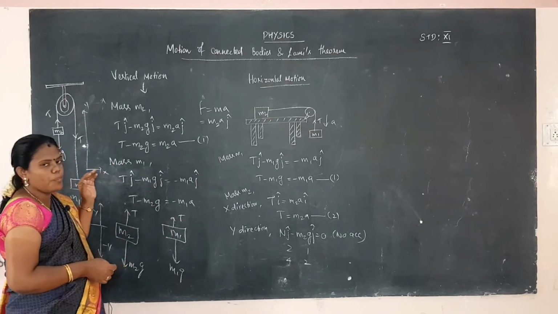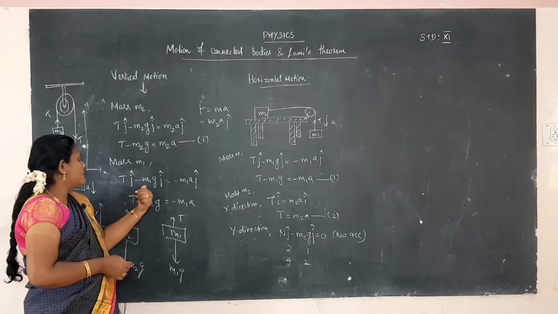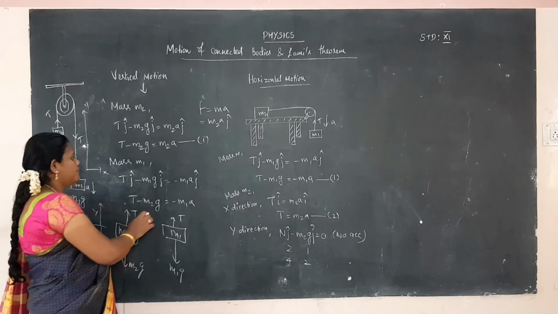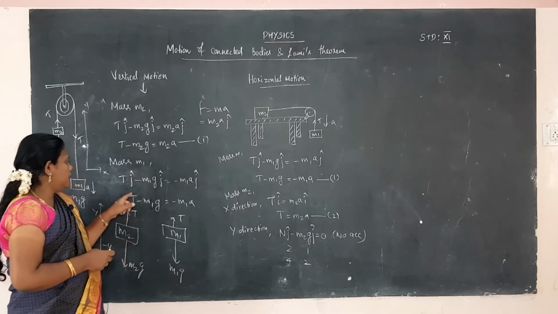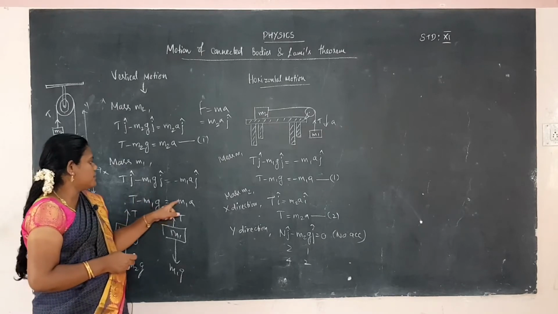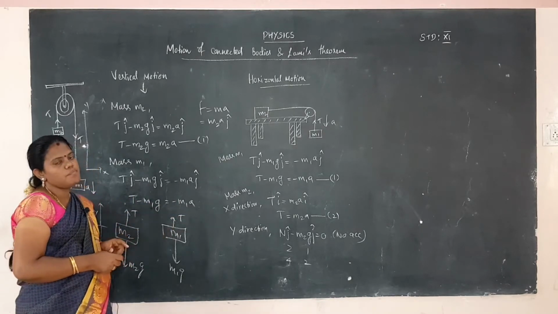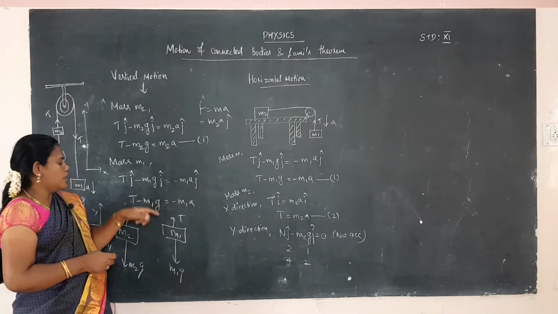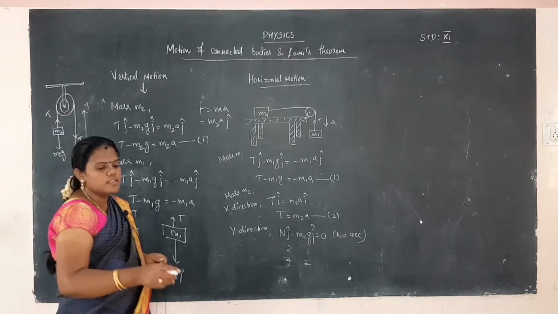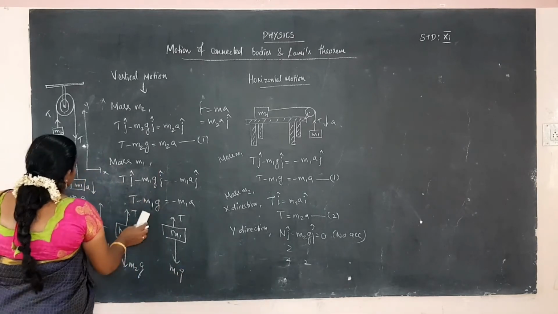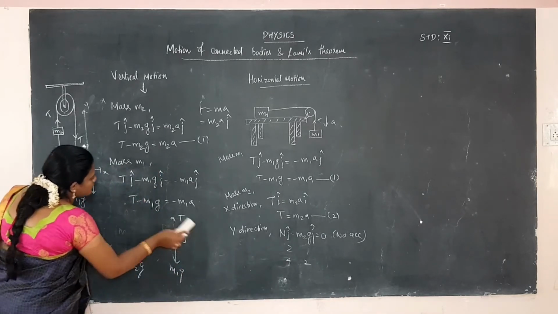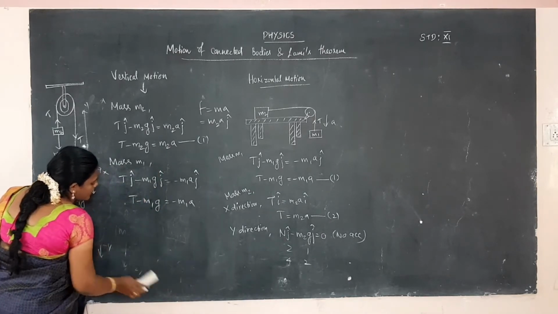Again you have to take the components only. T minus m1g is equal to minus m1a. Okay, this is okay? Now we have to take the negative sign in the equation, multiply by the negative sign. This equation is multiplied by negative.